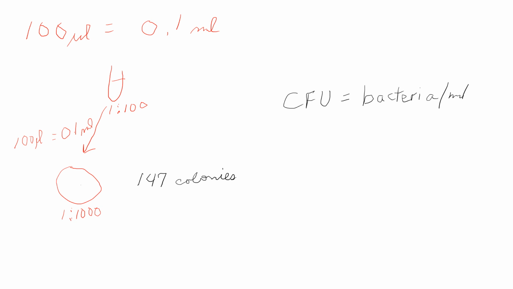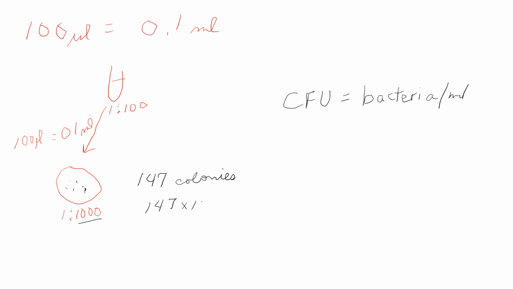So if you counted 147, you can count that because it's between 30 and 300. And all you do is you take that 147 that you counted. And remember, that's what we're counting on here, as though there are all these colonies. I'm not drawing 147 on them, but just pretend there's 147 on there. So you take that 147, you multiply it by this 1,000. That's the dilution factor.